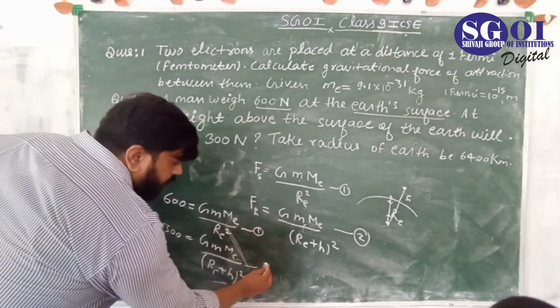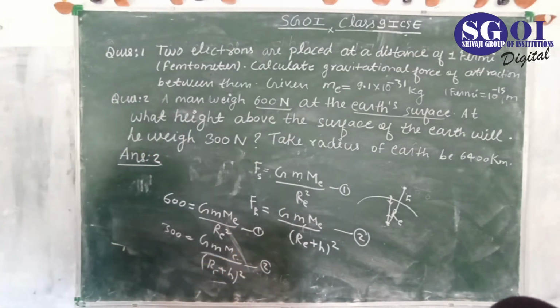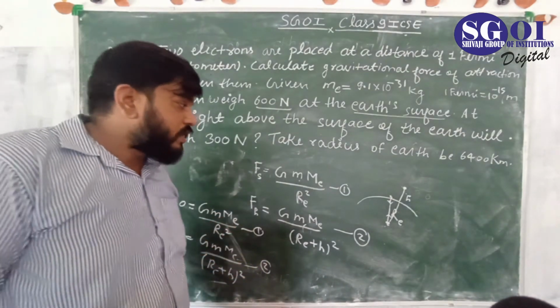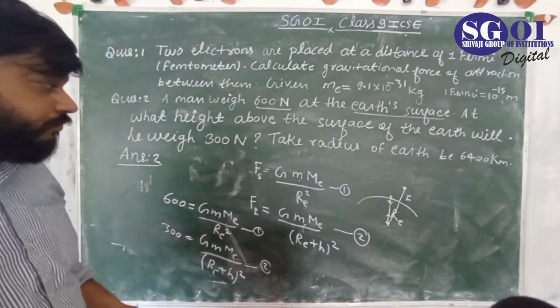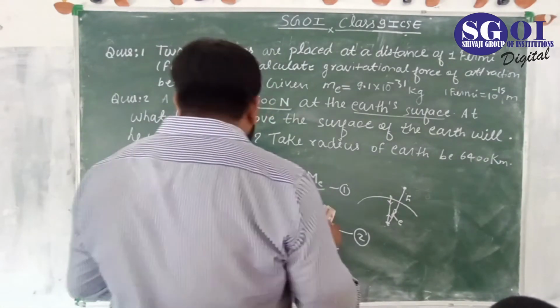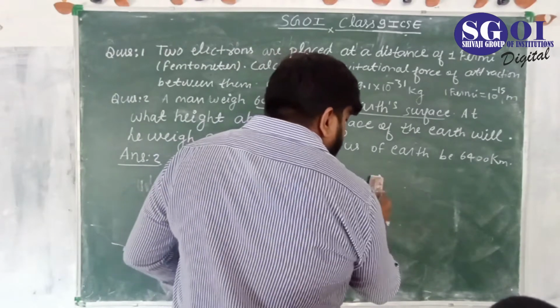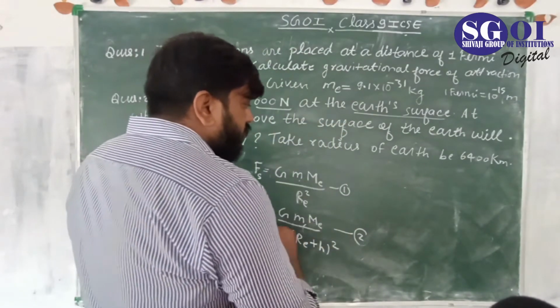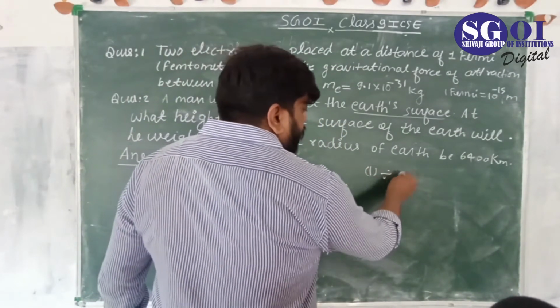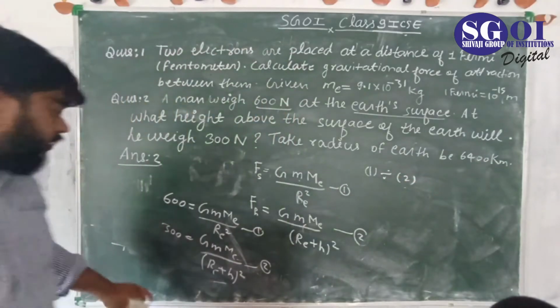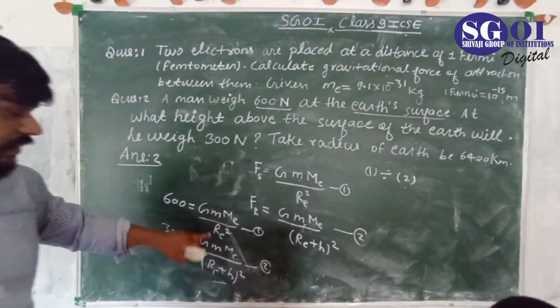This is equation number second. Now just divide these two equations, equation number first divided by equation number second. LHS would be divided, RHS would be divided.